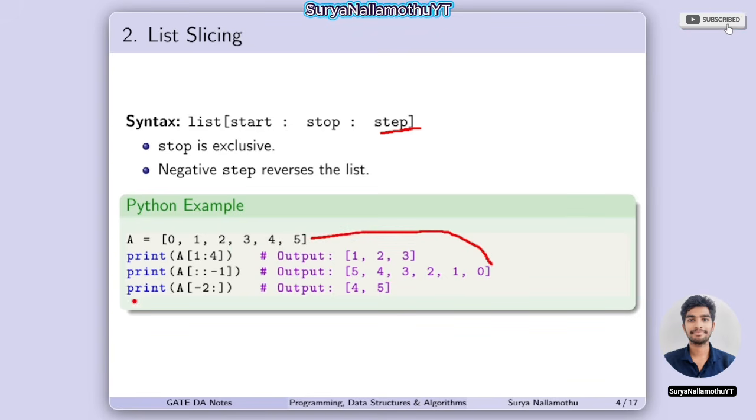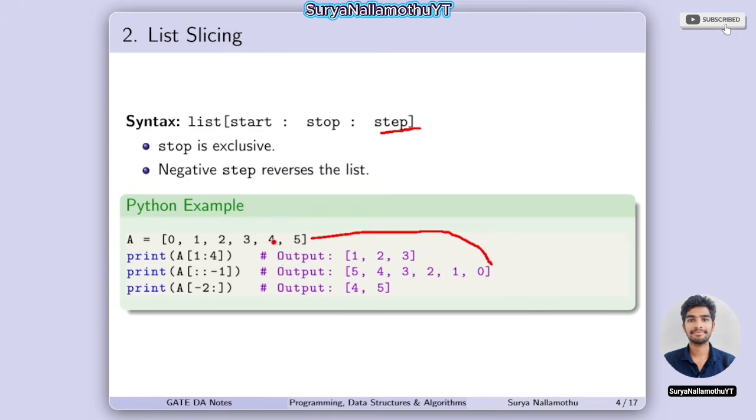Next, print A of minus 2 colon, which gives something empty. So how to solve this problem? First, you observe that in this statement the minus 2 is 4, right? We need to end up with the string because it is reversible. After reversing, the second element is here 4.